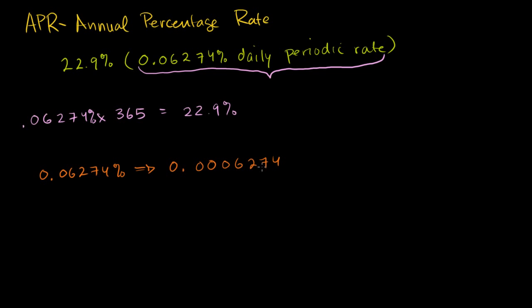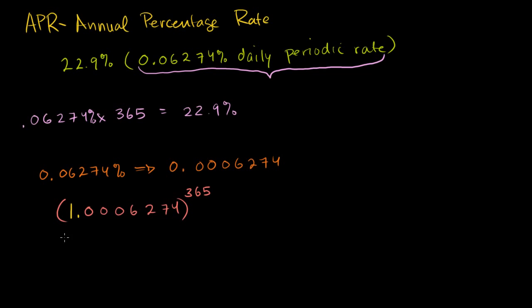And if you watch the compounding interest video, you know that if you wanted to figure out how much total interest you would be paying over a total year, you would take this number and add it to 1. So we have 1.0006274. And instead of just taking this and multiplying it by 365, you take this number to the 365th power. You multiply it by itself 365 times.